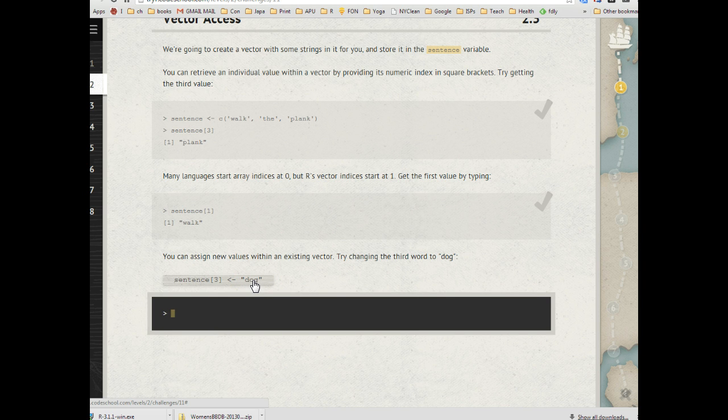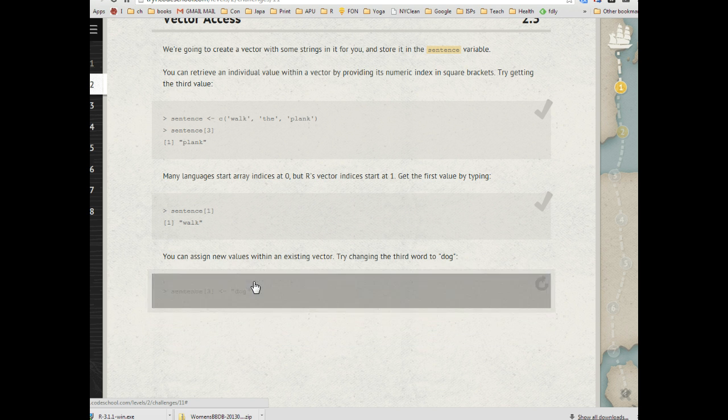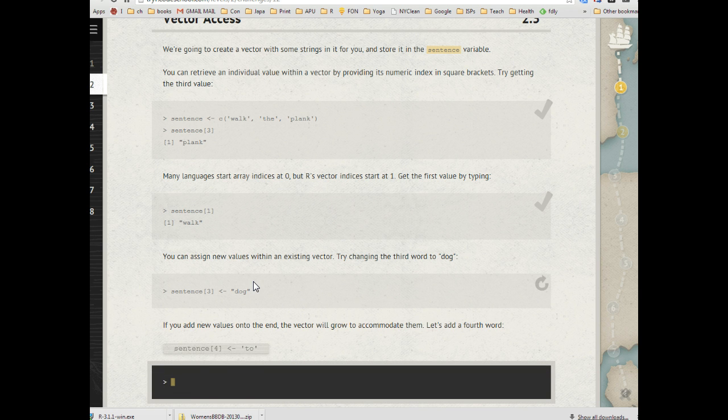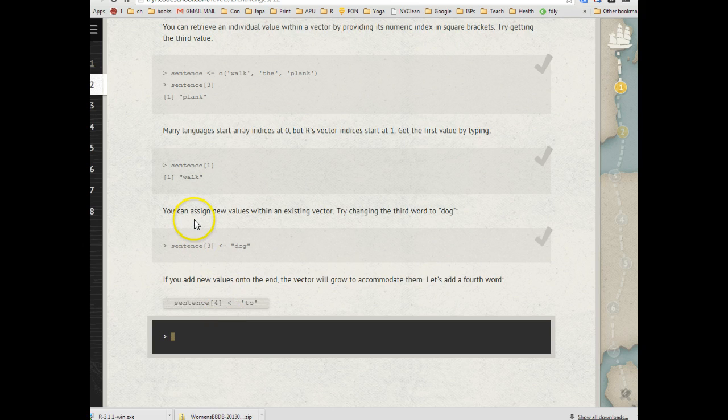So you can run this, and what's sentence going to be? If I type it, so what will sentence now be? Walk the dog.